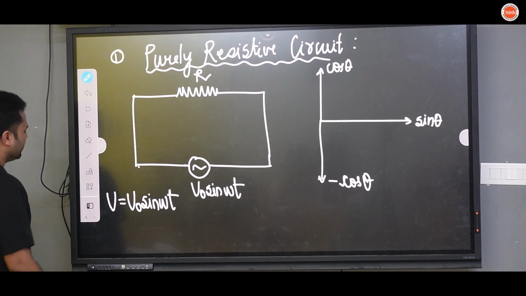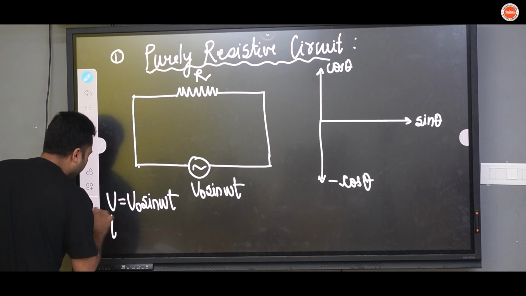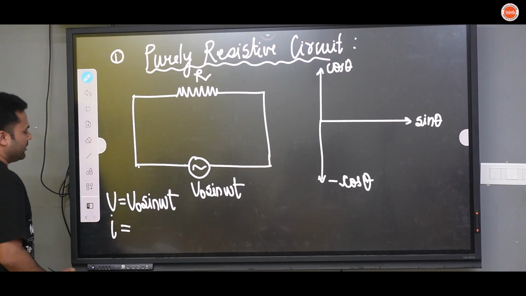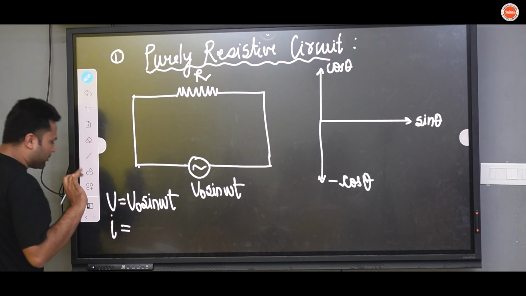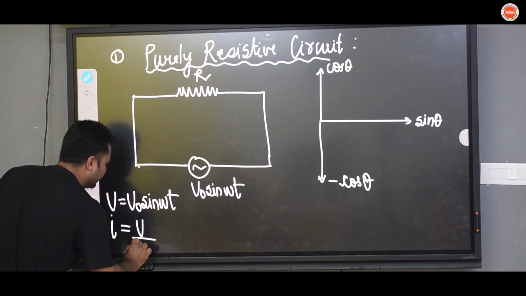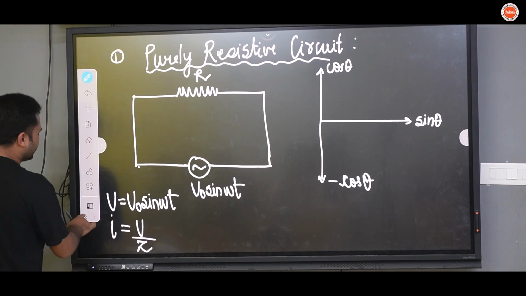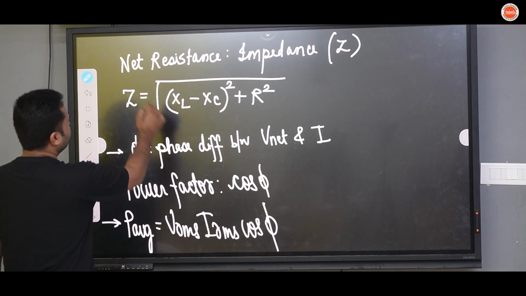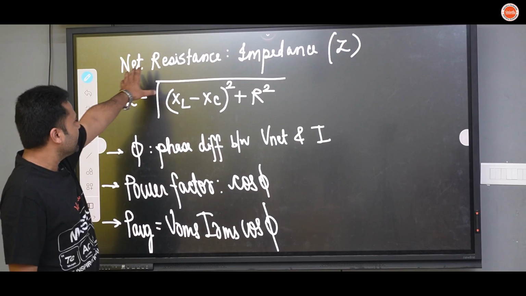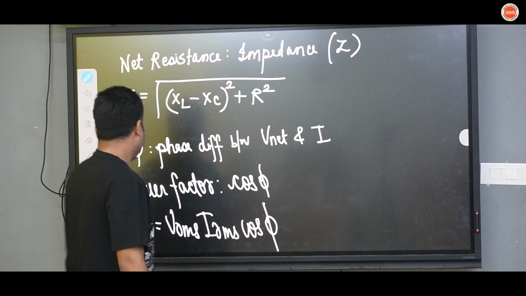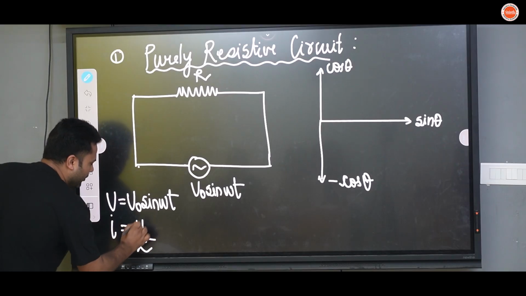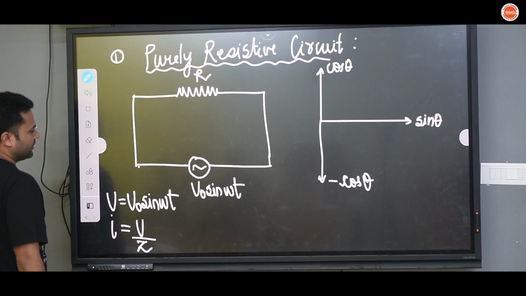If I ask current, what is the current? We can write, like general formula I am telling, current equals voltage divided by net resistance. What was net resistance? Z. So current equals voltage divided by net resistance.